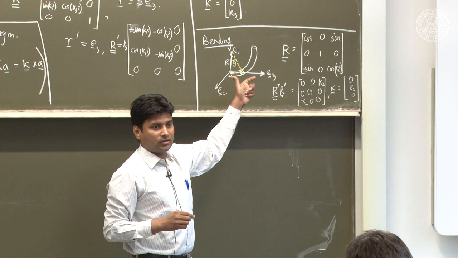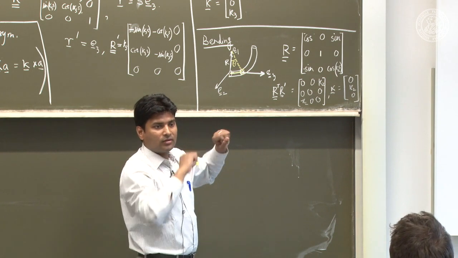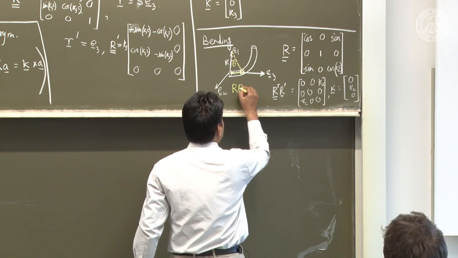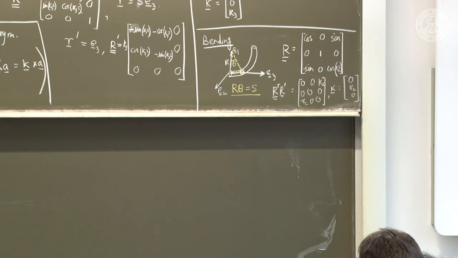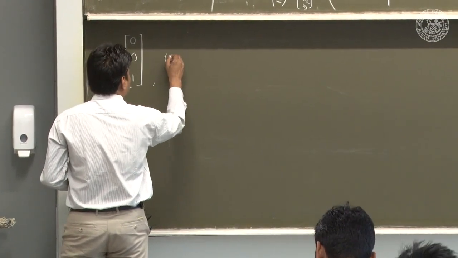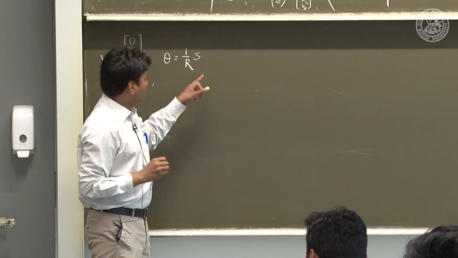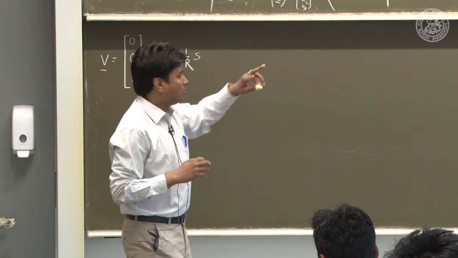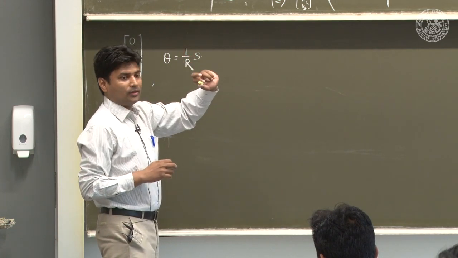S is your arc length, the arc of the circle. R times theta is equal to S, which implies theta is equal to 1 over R times S. So this becomes your curvature, because the rate of change of angle is 1 over R. That would be your K2 for the case of pure bending.